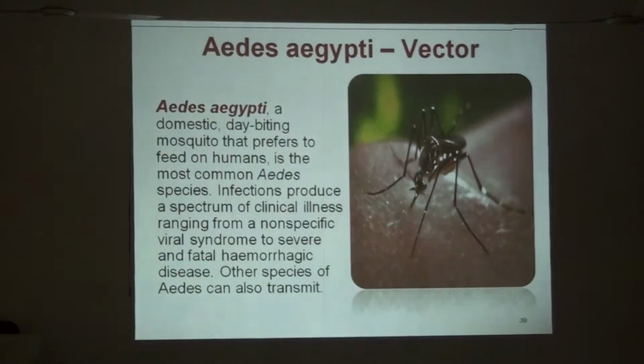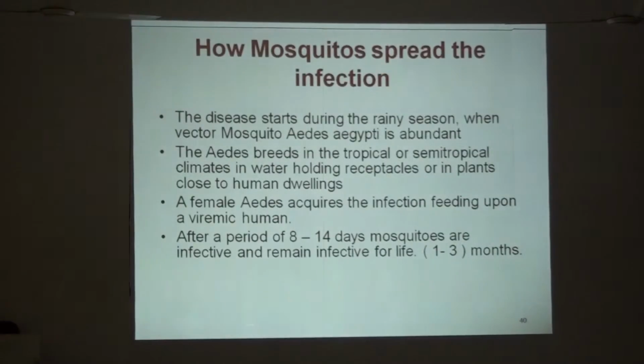The vector. Dengue virus is transmitted by the vector Aedes, which is a day-biting mosquito that breeds in clean and stagnant water. How does this mosquito spread the infection?